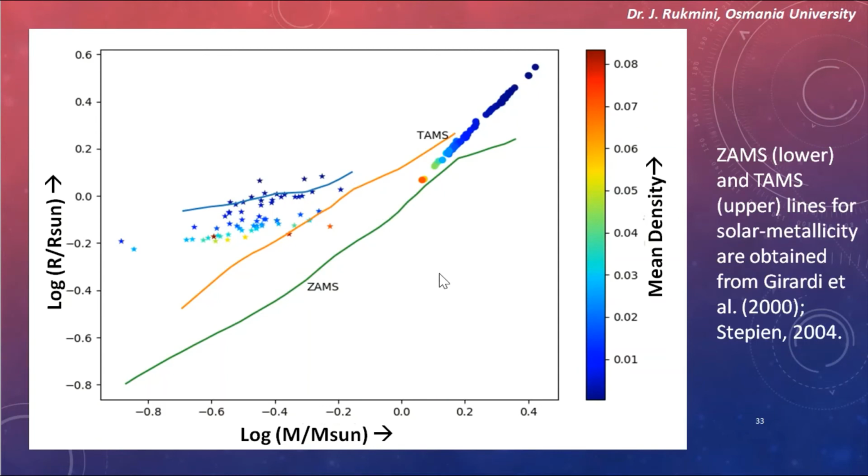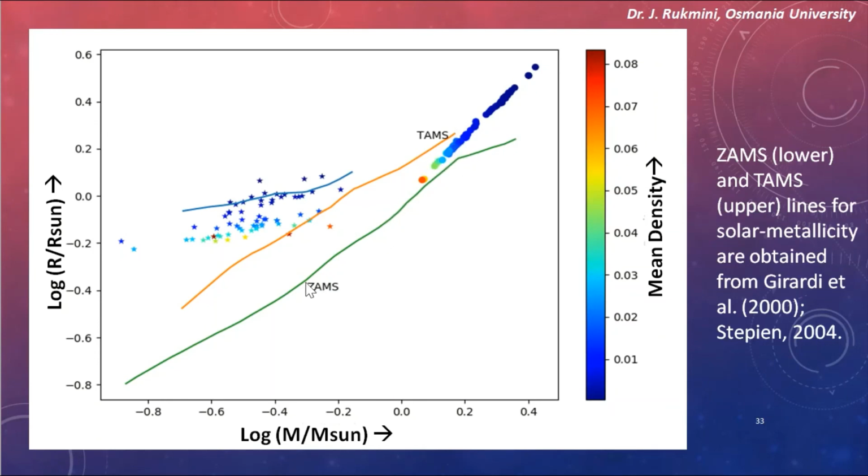All these circles represent the primary component, the brighter, more massive component of the binary, and the stars represent the less massive component of the binaries. What we see here is the primaries follow a linear trend, whereas the secondaries show a scatter. Of course, even when the primaries follow a linear trend, the slope is different compared to that of single stars, and the primary stars are within a region of these two theoretical lines.